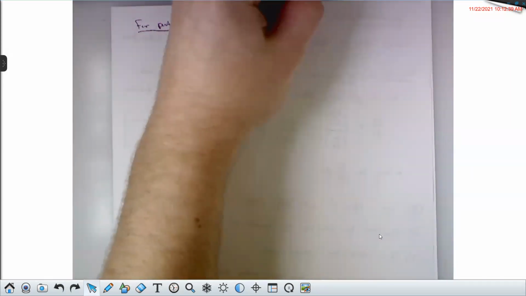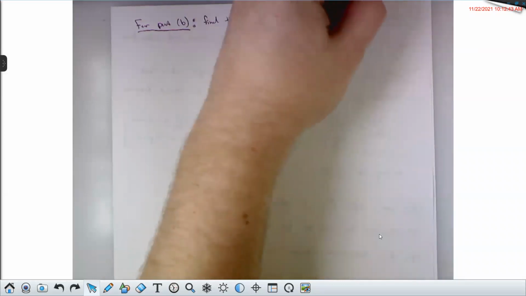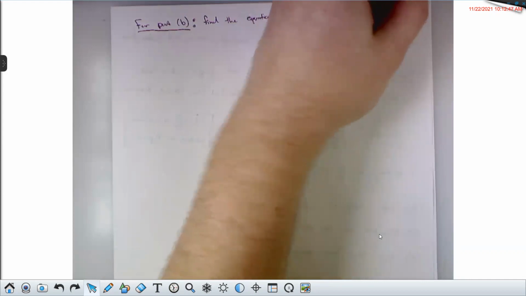For part B, I need to find the equation of both tangent lines at the point 3, 0.